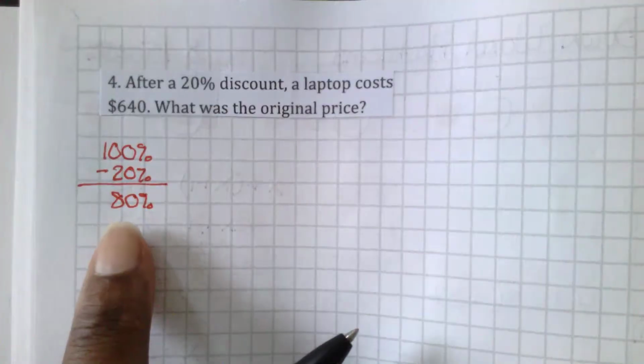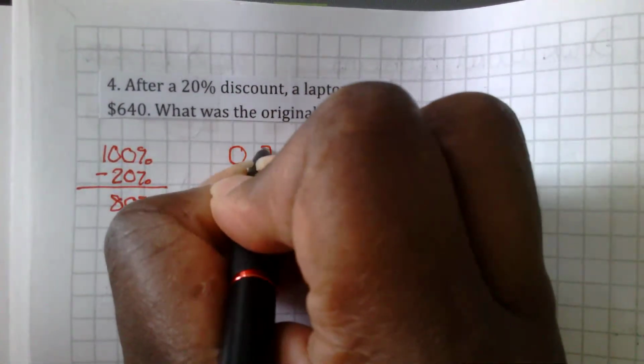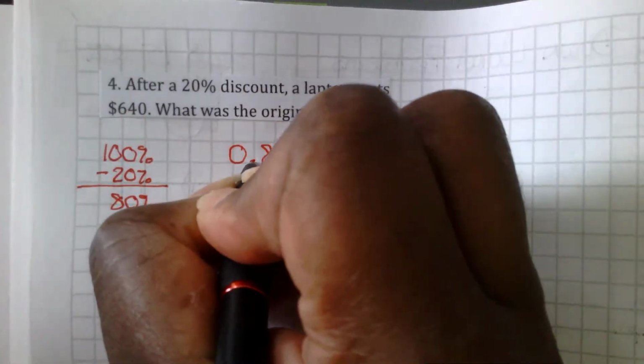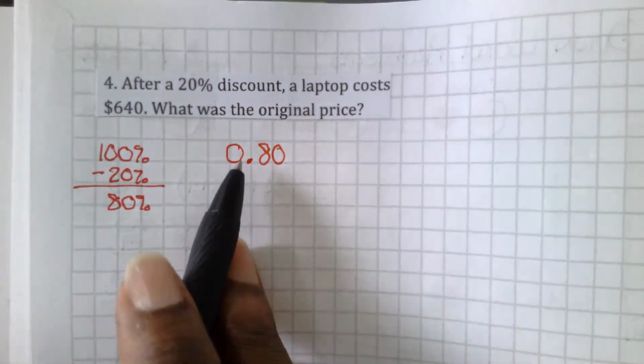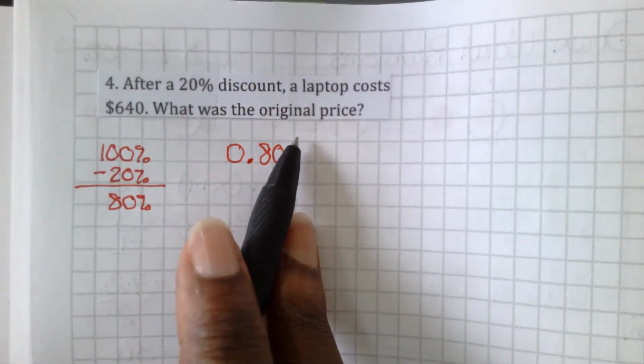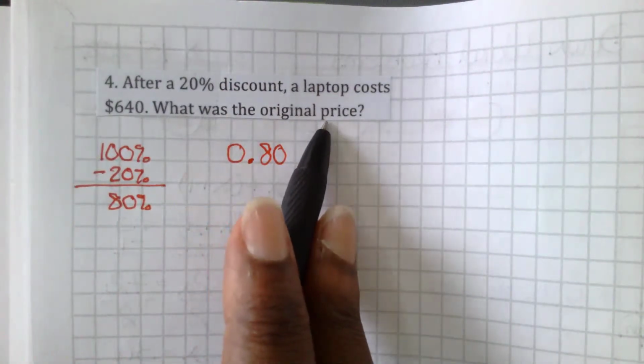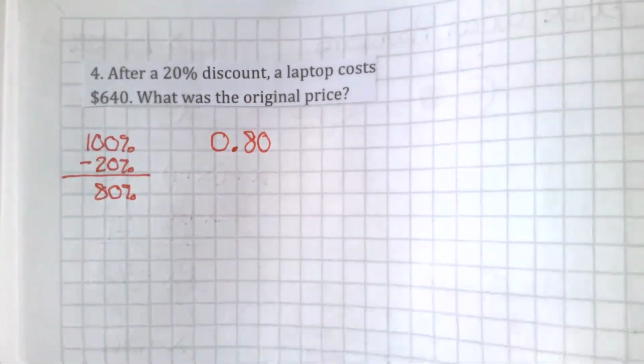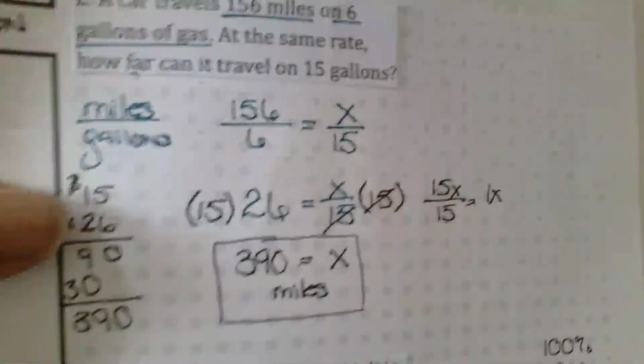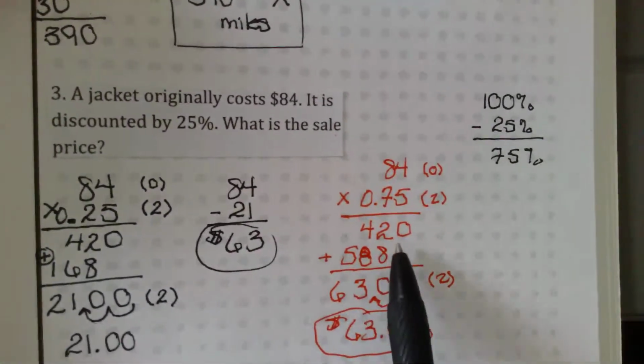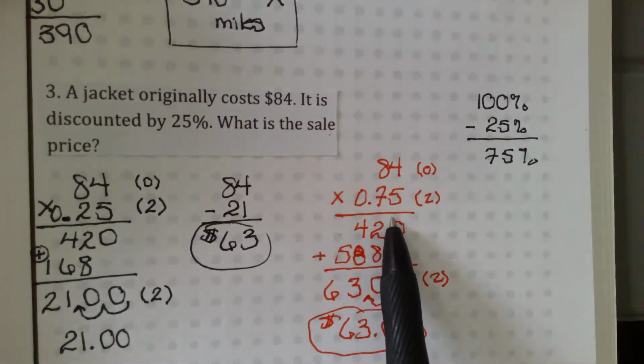Now, what is 80% as a decimal? We have 0.80. But this time we want to know what was the original price. So think about what we did earlier when we were taking the discounts away.